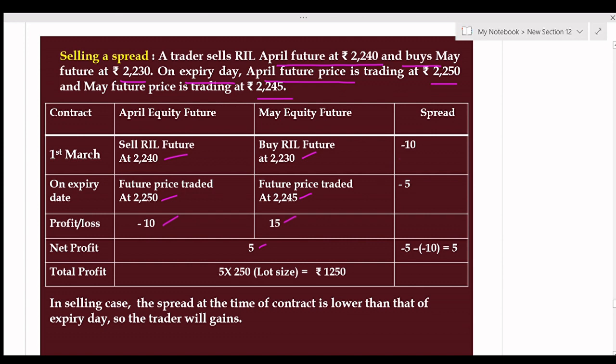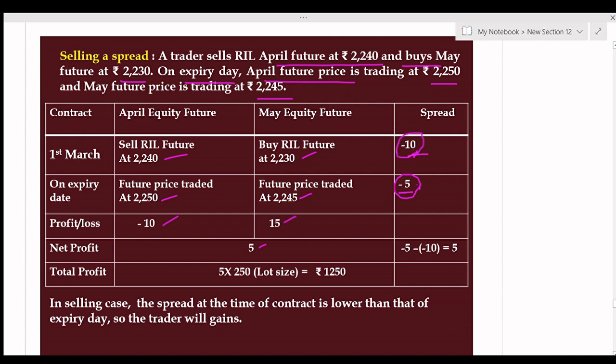And come to the spread. Contract day it is -10 and on expiry date it is -5. So here it is selling a spread. So -5 is higher than -10, the spread.